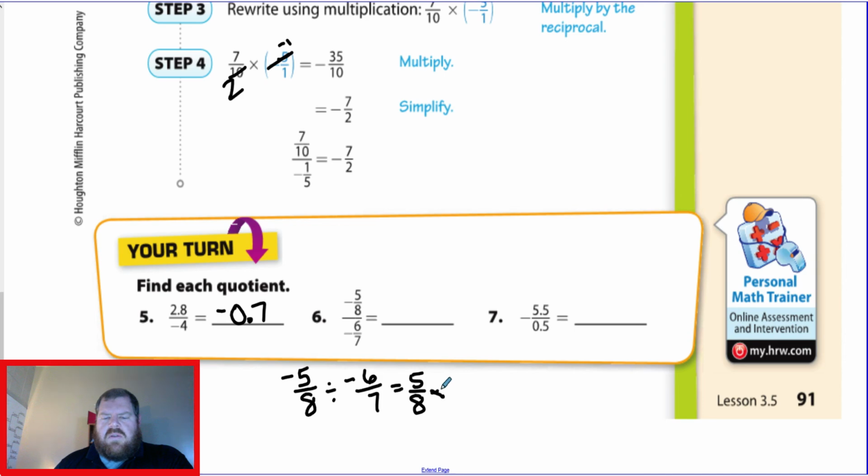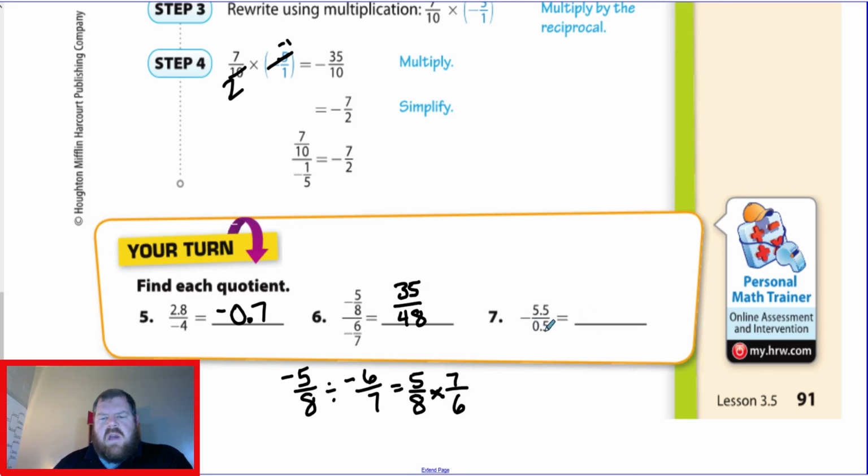So I'm going to switch it to positive and multiplication. Flip the second one. 7 times 5 is 35. 8 times 6 is 48. And I don't have anything that can cross reduce or anything like that.